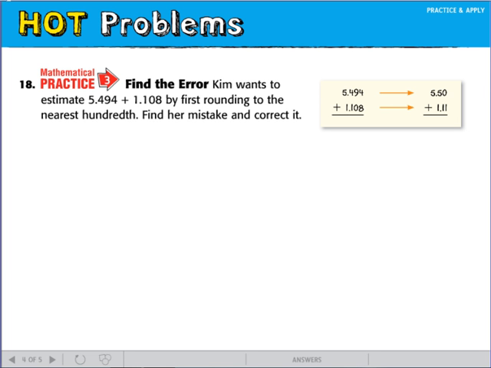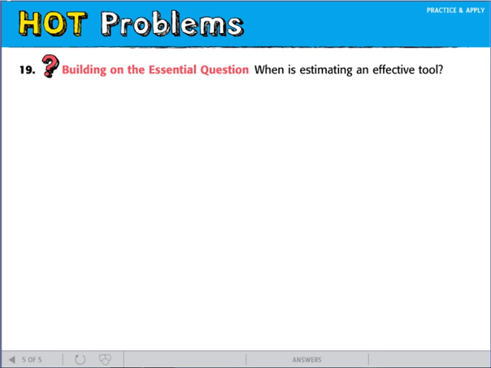You need to figure out what she did wrong. Okay? And then you're going to correct it. 19. When is estimating an effective tool? I think you guys can figure this out. When would you estimate? Why would you want to estimate? Okay?